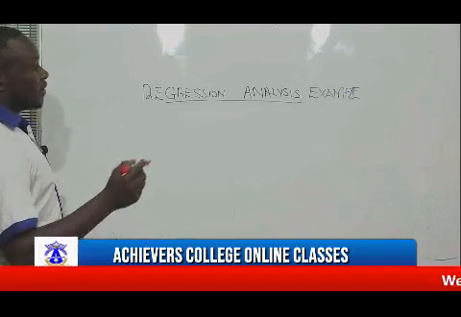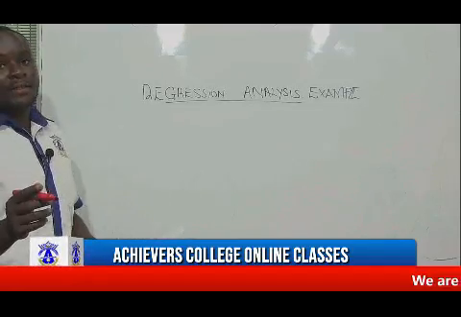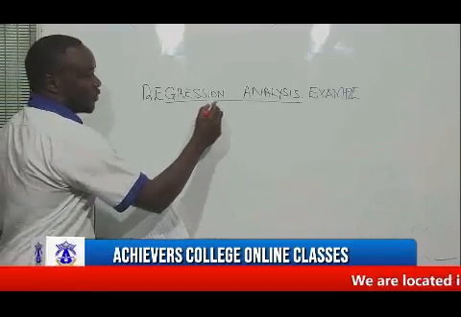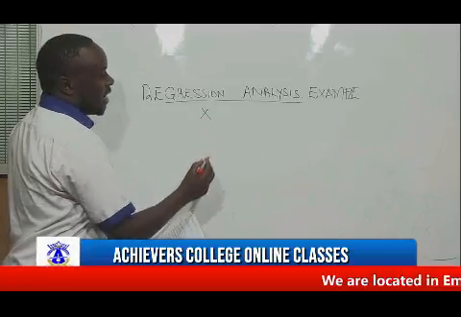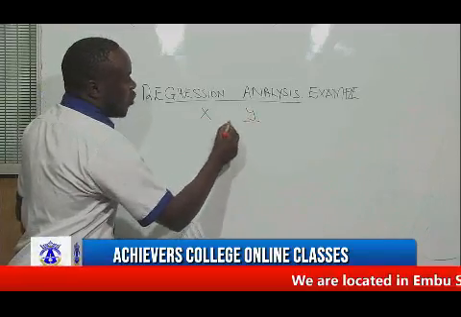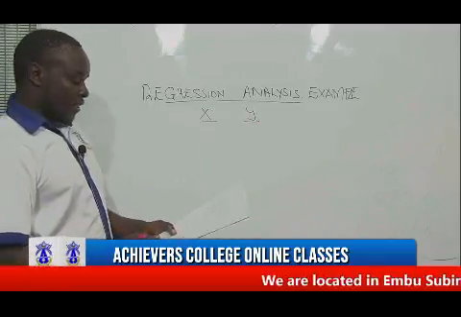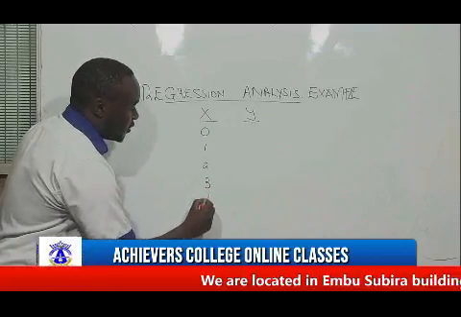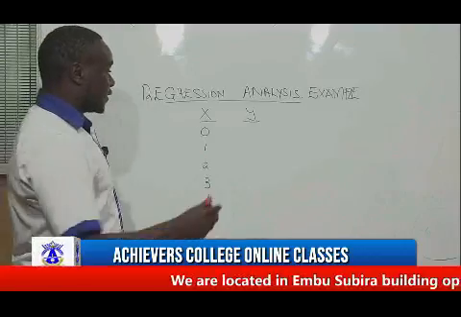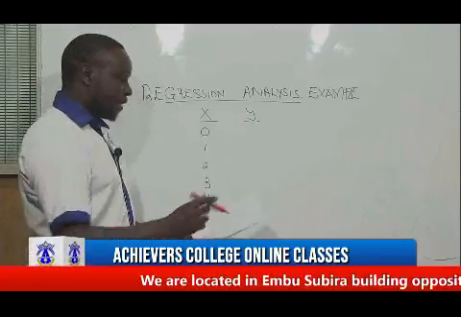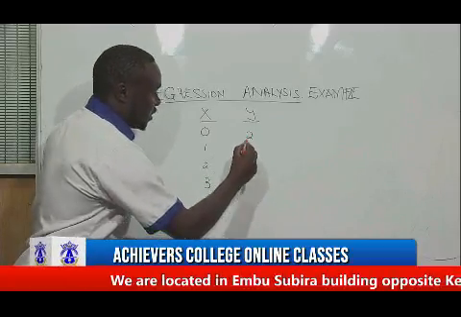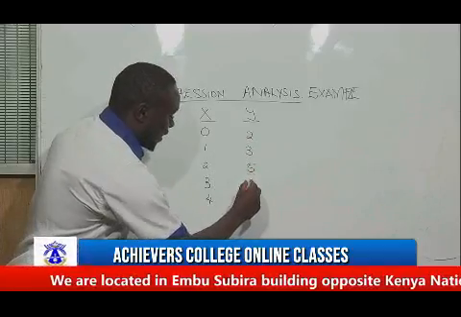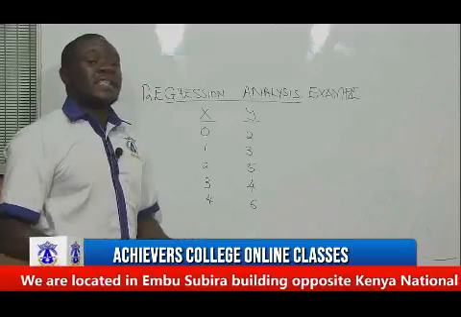We are given the values of two variables, x and y. The values of x are 0, 1, 2, 3, 4, and the values of y are 2, 3, 5, 4 and 6.